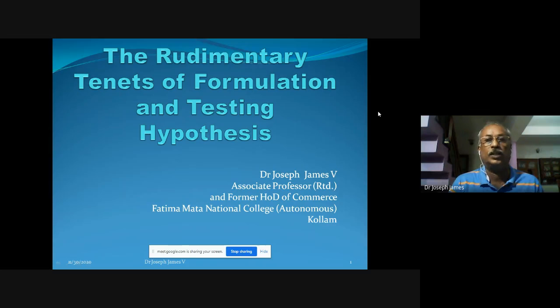One is on research methodology and the other one is on quantitative techniques. A combination of these two courses is our proposed topic, the rudimentary tenets of formulation and testing hypothesis.